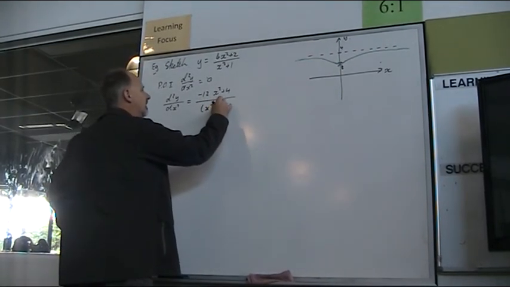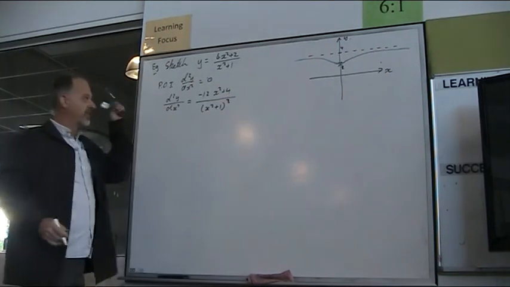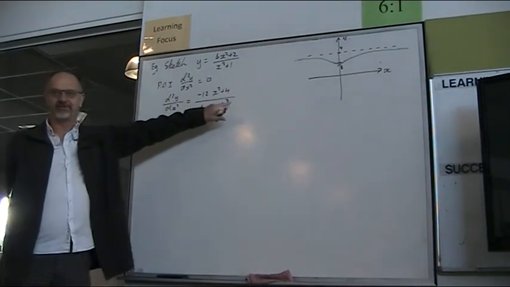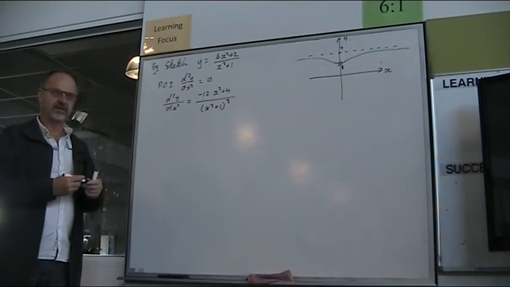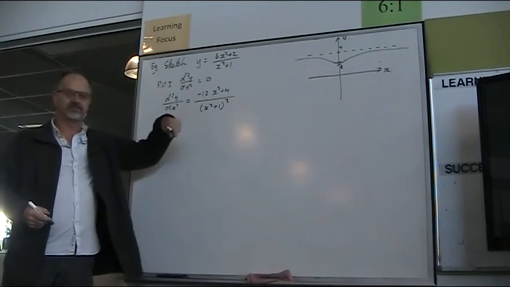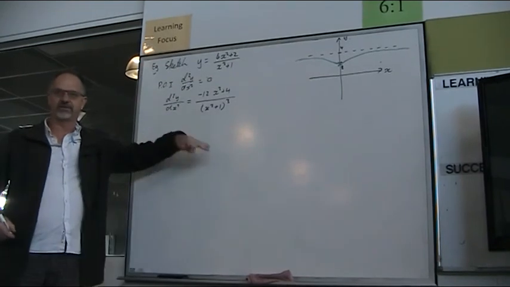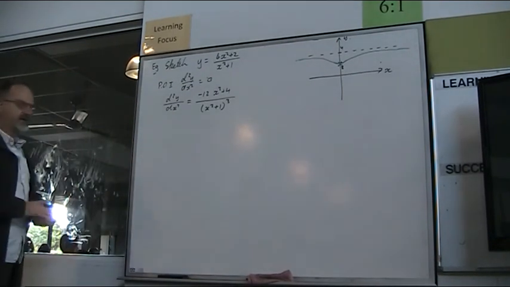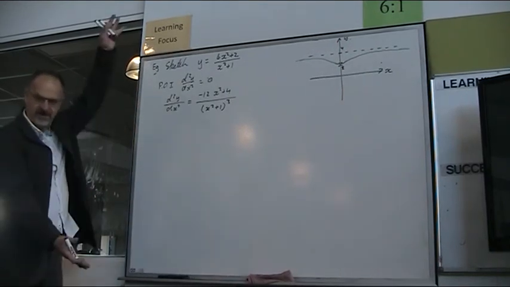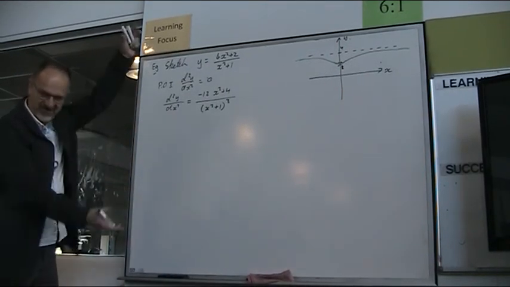You would be expecting that the bottom here would be to the power of 4, since you've got to square something that's already squared. But there's some cancelling. You can have a look at my working if you want.